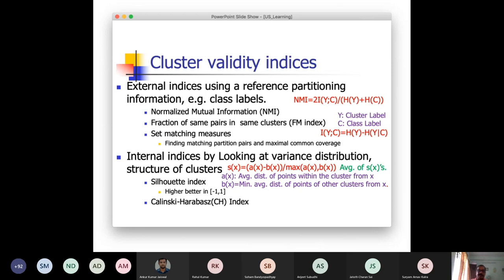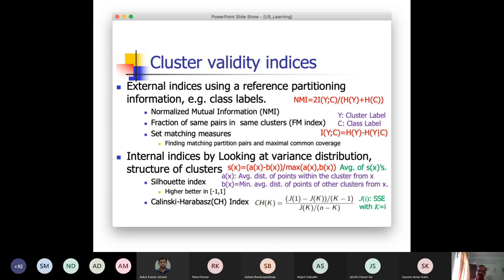Calinski had a bus index. It is by the corresponding researchers who have proposed this one, and it has been shown that it is also a good measure. So this index is using the sum of square of error for every value of k. At every value of k, it is computing its sum of square of error, and it compares with respect to the k equal to 1 case.